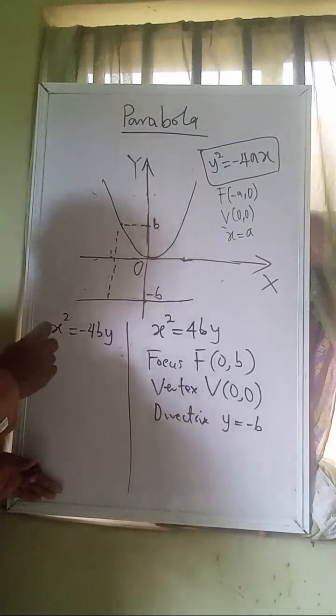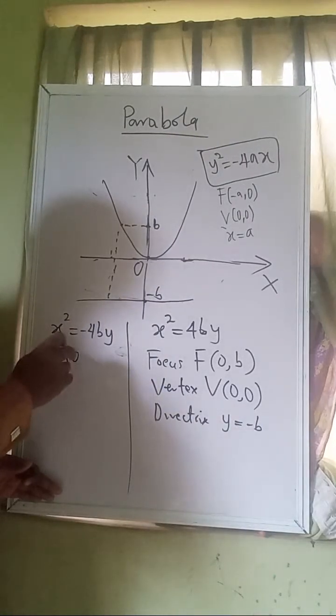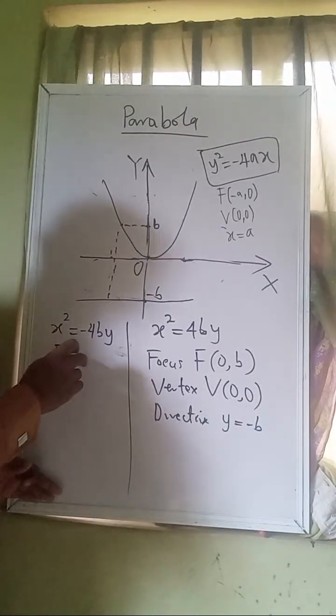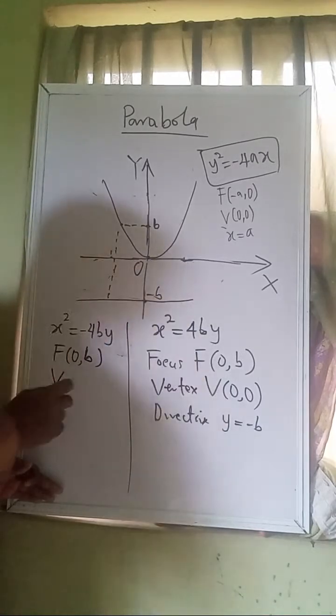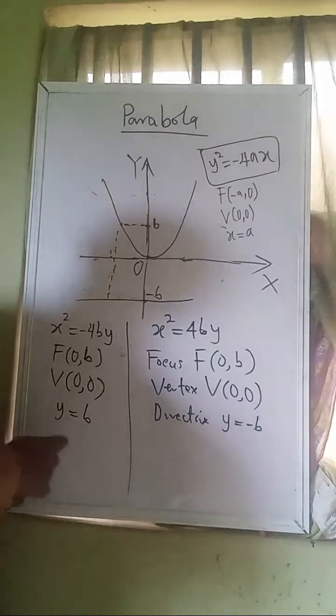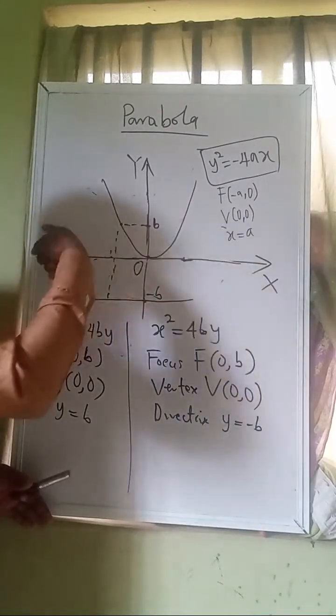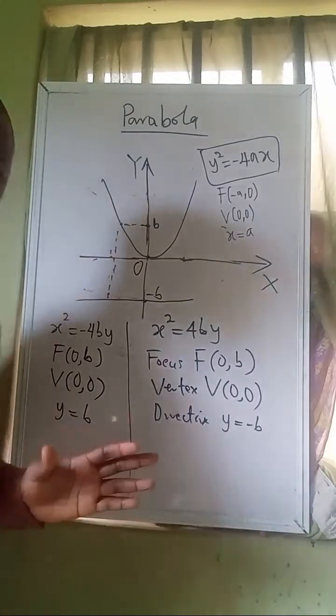So in this case, the focus will be 0, comma b. The vertex, everything is at the origin. The vertex is 0, 0, and the directrix is y equal to b, because in that case, the line here will be the line of the directrix. So these are the 4 types of parabola.